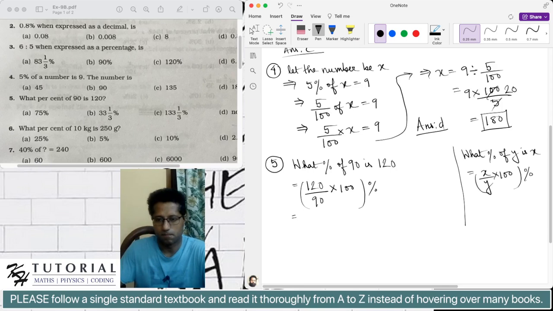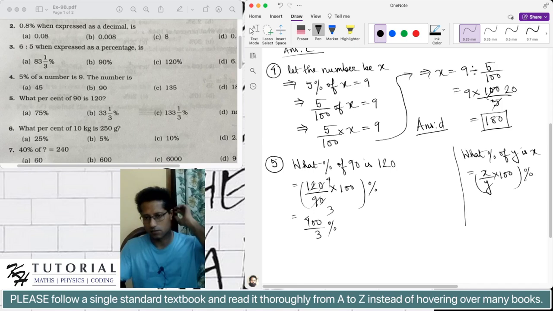If you simplify, the zeros cancel out, and we have 4 by 3, so this is equal to 400 by 3 percentage.